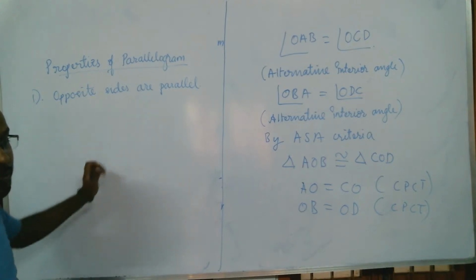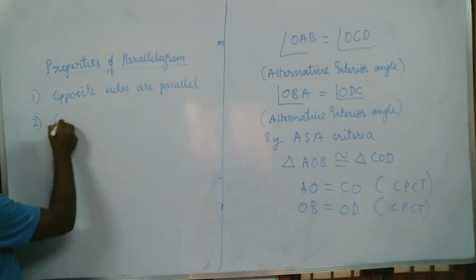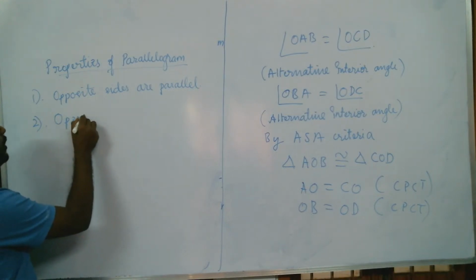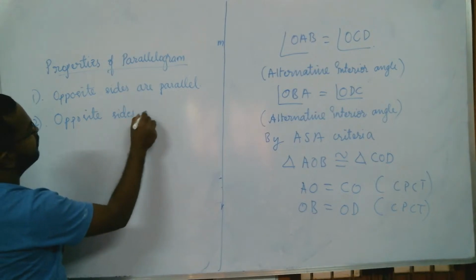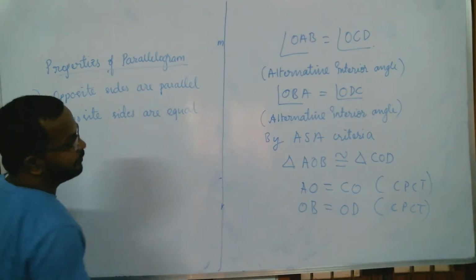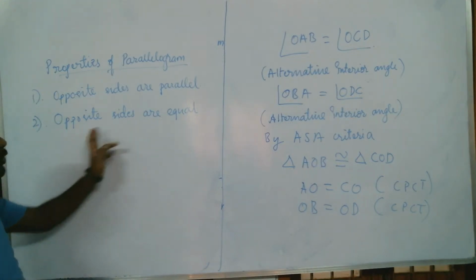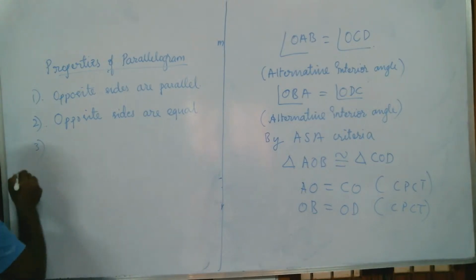And what is the second property that we have learned today? The second property is opposite sides are equal. Same way, the third property is what we have learned.